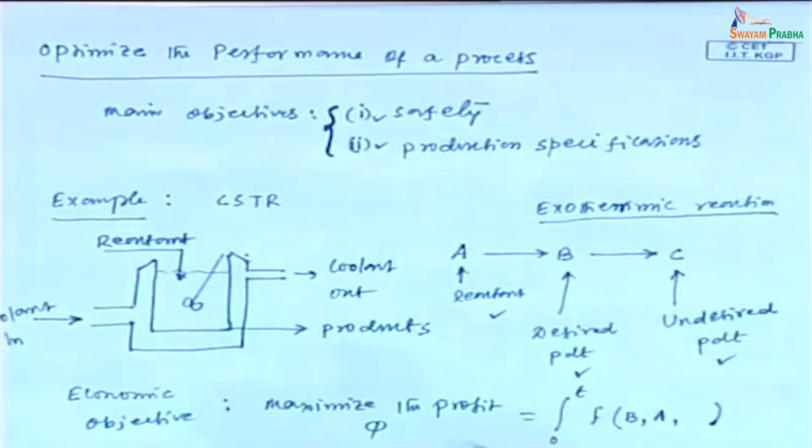So, the profit function includes the revenue from the sales of product B, the cost of reactant A and the cost of coolant. Then we need to maximize the profit, and thus we can maximize the performance. These are the three issues which can be dealt with by the control system.